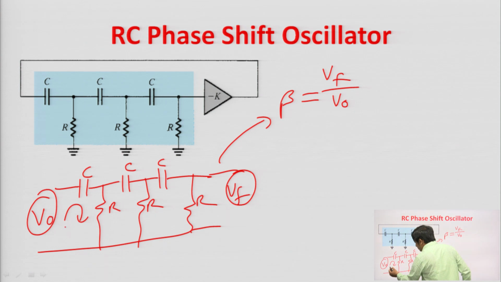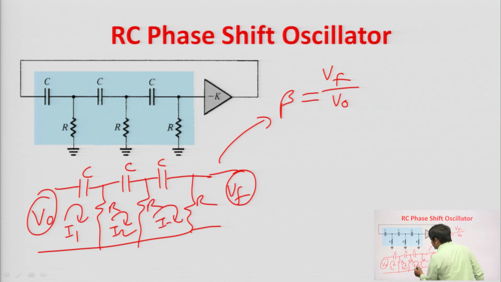There are 3 loops. Suppose that in the first loop current I1 is flowing, in the second loop current I2 is flowing, in the third loop current I3 is flowing, right. Just apply KVL in these 3 loops, and use Cramer's rule, and after doing this calculate Vf upon V naught, right.